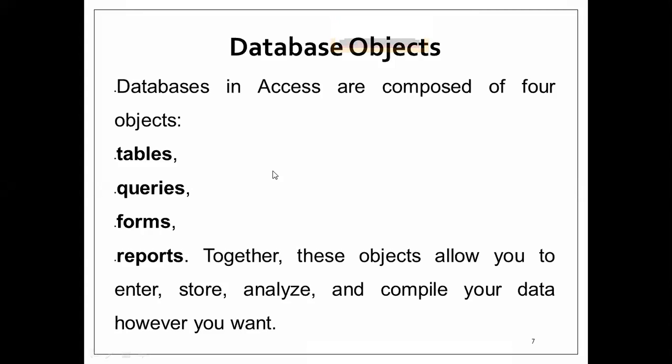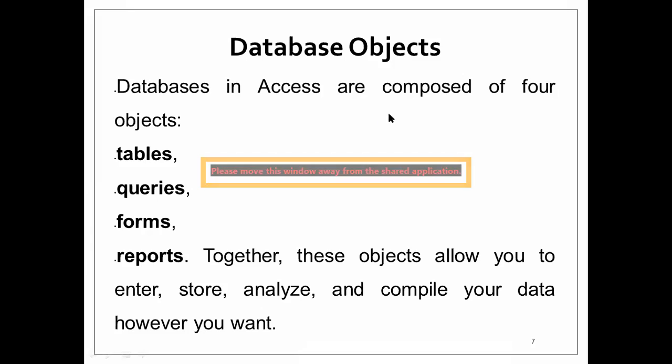A table, if I may give a general summary, I hope you got this material and you try to read through. A table is the main object in any database.